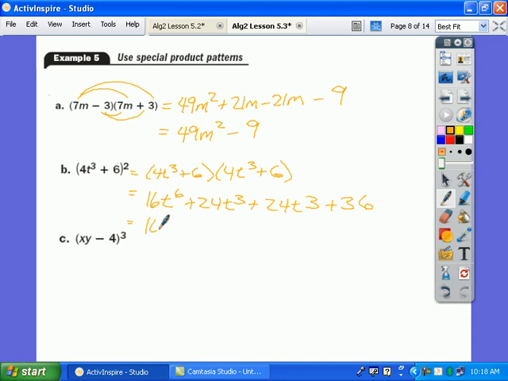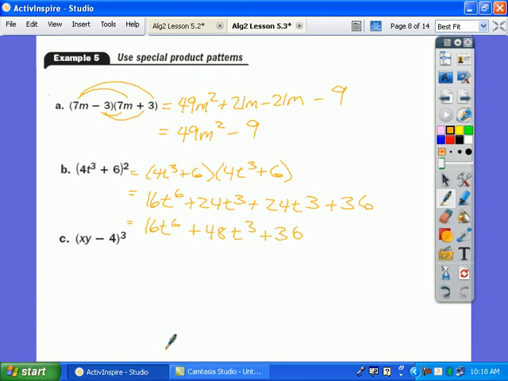And so this simplifies to give us 16t to the 6th plus 48t cubed plus 36. And of course, if you had that property memorized, you could have worked through that a little easier. But even if you don't have the property memorized, it still just falls right out. A little bit of math.